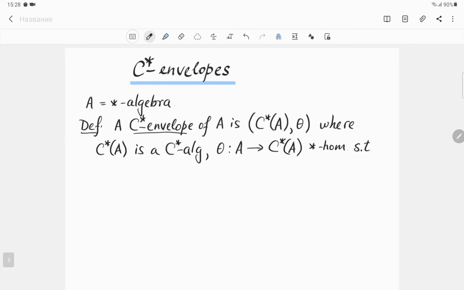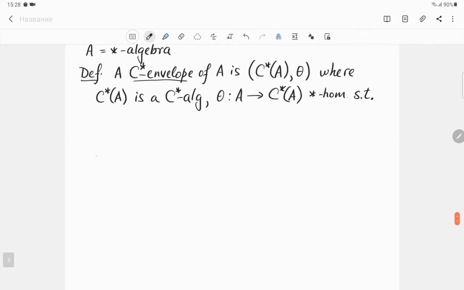such that the following universal property holds. So let me draw a picture. This is A, this is C-star of A, this is theta.